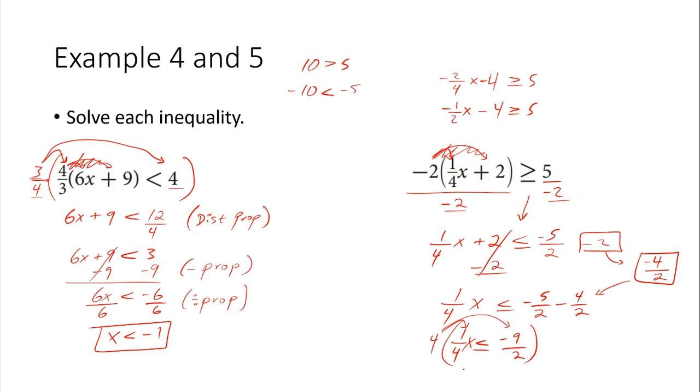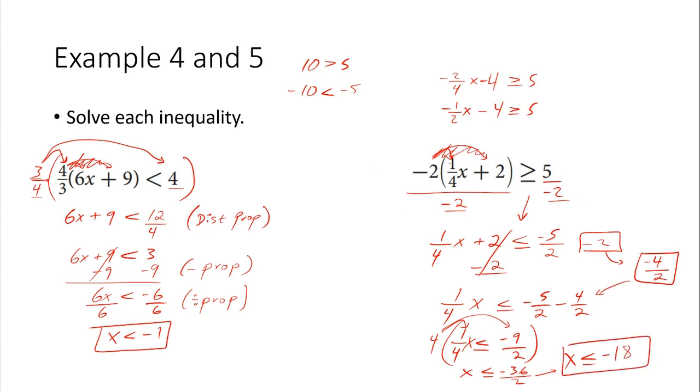So we got x is less than or equal to -36, all divided by 2. And that should give us a nice, pretty number of -18. So x is definitely less than or equal to -18.